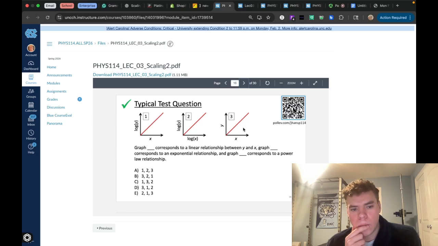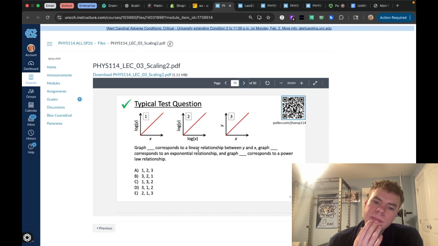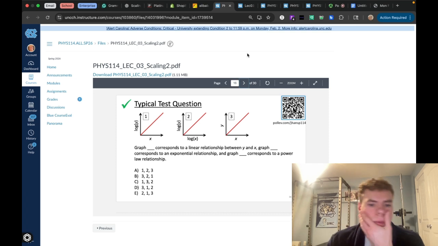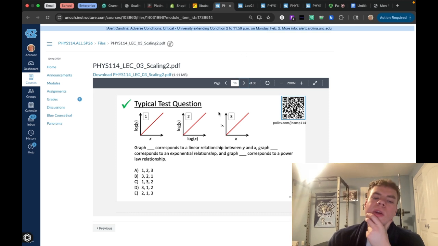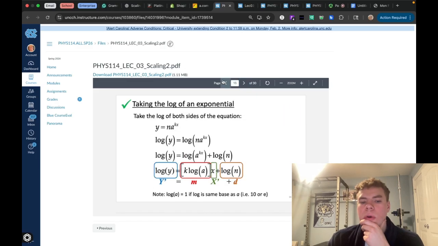So 3 is the linear relationship. So the exponential relationship, I really don't know because these are all like linear lines, but what they become when you make them logarithms, I don't know.